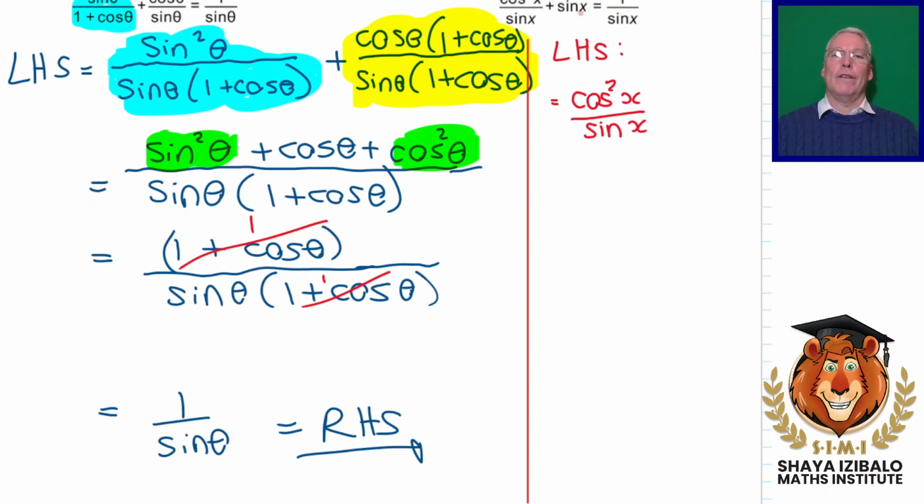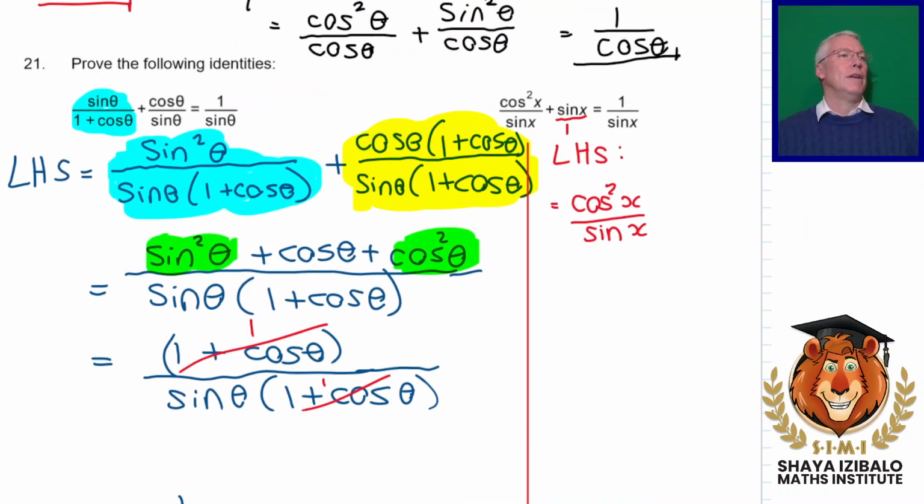Now this fraction is actually sine x over 1. So what must I do to the denominator of this to make it a sine x? I must multiply by sine x. And if I do that on the bottom, I must do that on the top as well. So sine x times sine x, I get sine squared x.